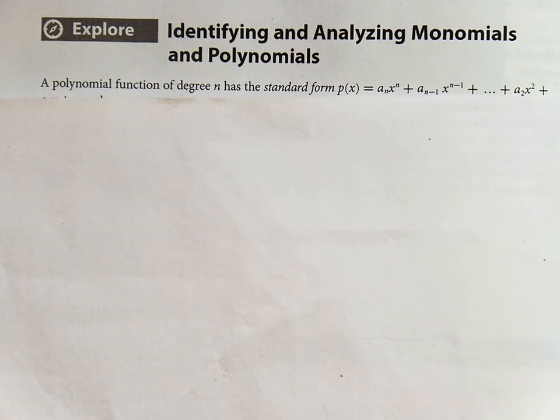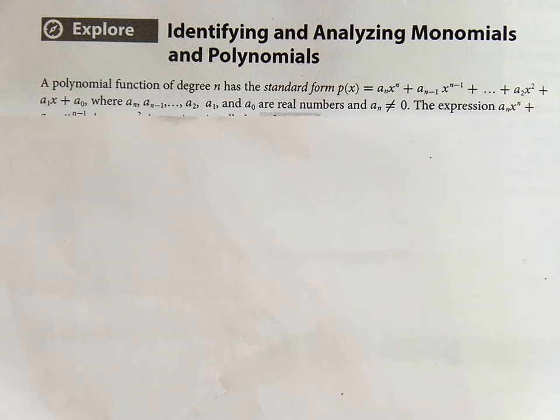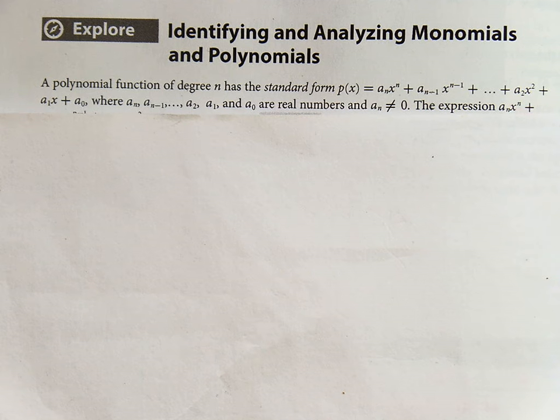A polynomial function of degree n has the standard form of p(x) equals a_n x^n plus etc., etc. And what you have is where your a coefficients are real numbers. So in other words, like 2, 3, 4, right? As long as a_n does not equal 0.